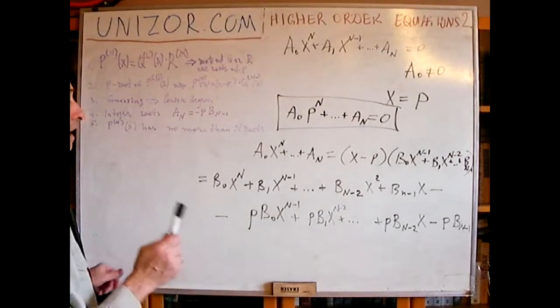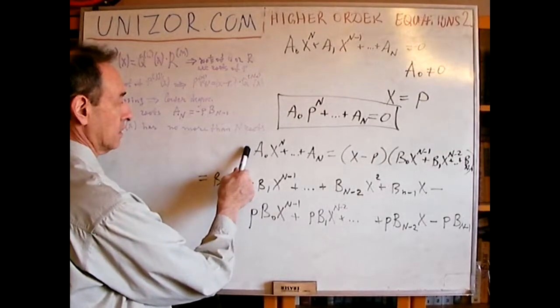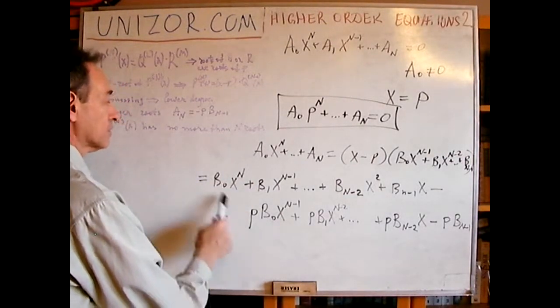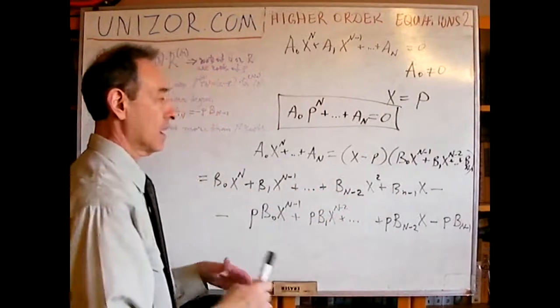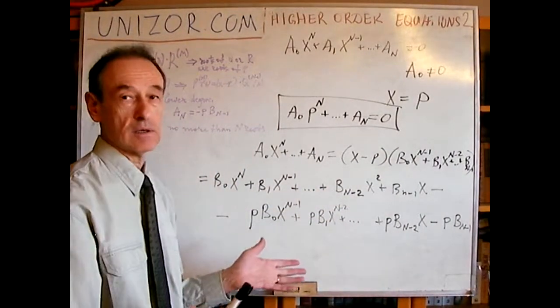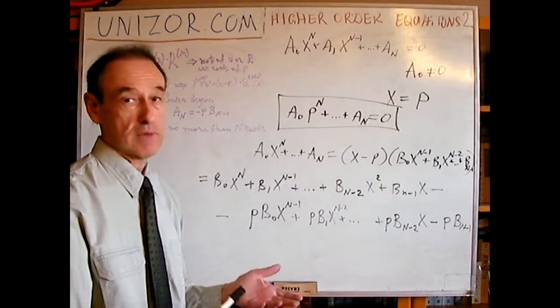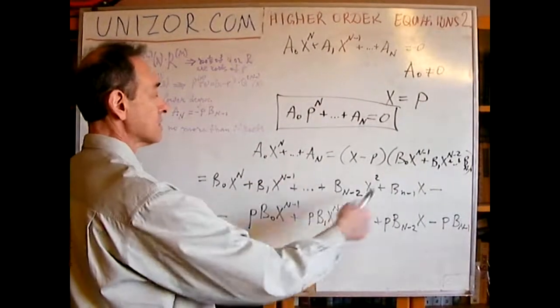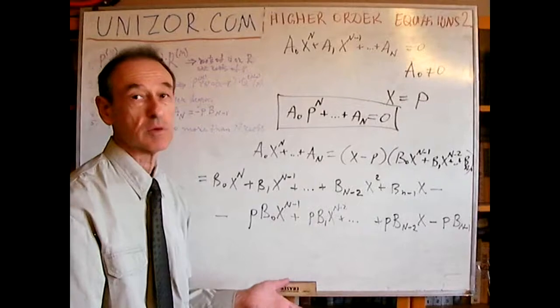Now, I know that this polynomial is supposed to be equal to this polynomial for any x. x is a variable, so if polynomials are equal, their coefficients are supposed to be equal.